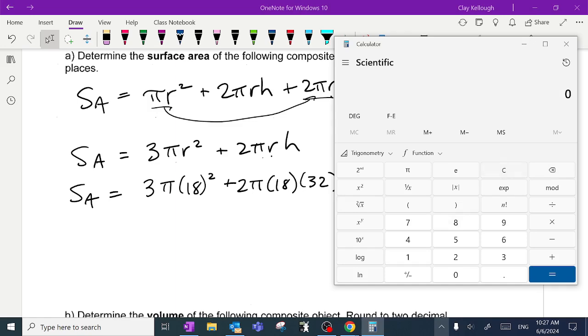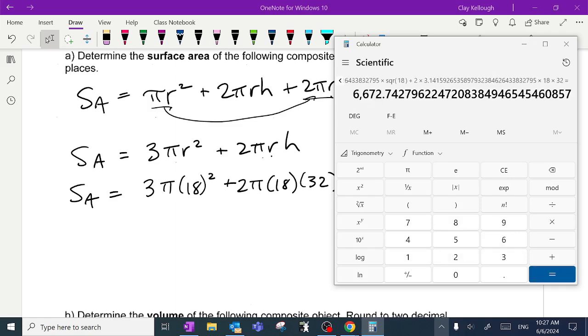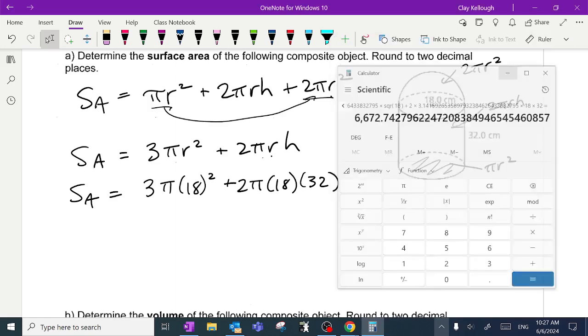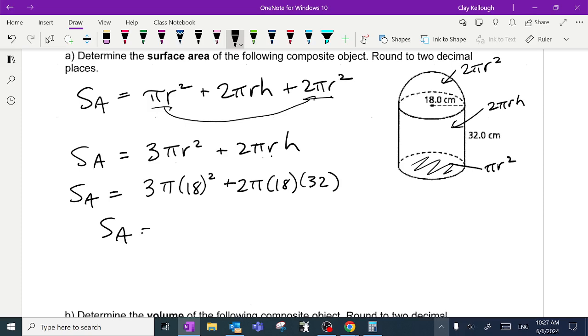Oh, now I gotta start over. 3 times pi, sorry about that, times 18 squared plus 2 times pi times 18 times 32. I am getting 6,672.74. Is that what anybody else got? Okay, we have confirmation. I have successfully punched the buttons on the second try.